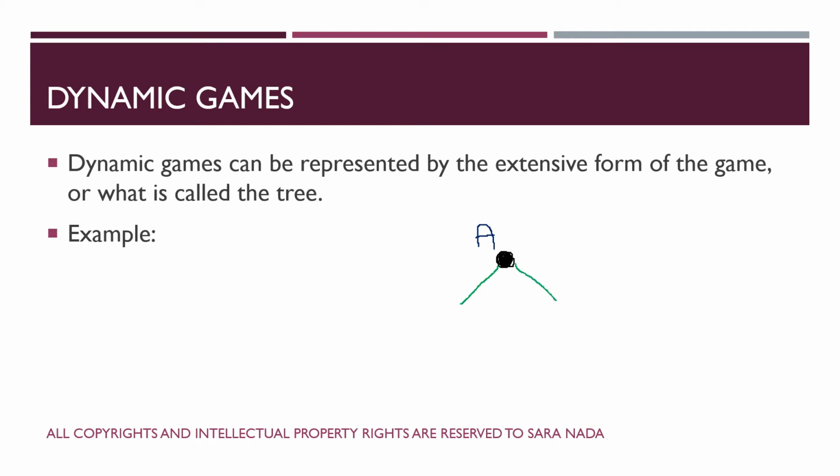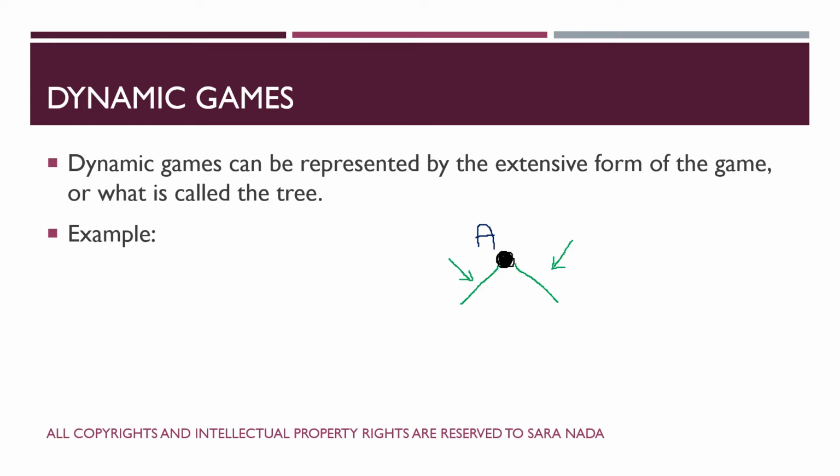So as I said, there are two actions that are available for player A to choose from. That's why you can see that there are two straight lines that are going out from the starting node. One is going out towards the left side, and the other is going out towards the right side.